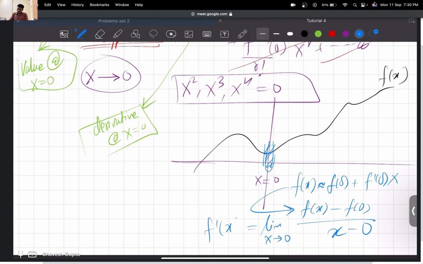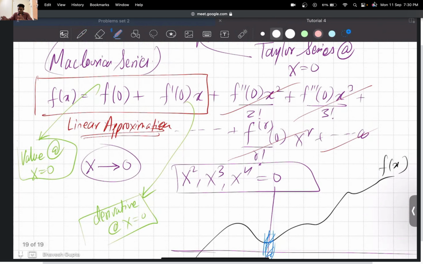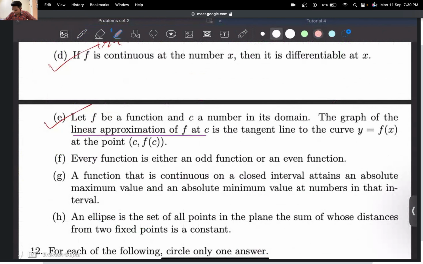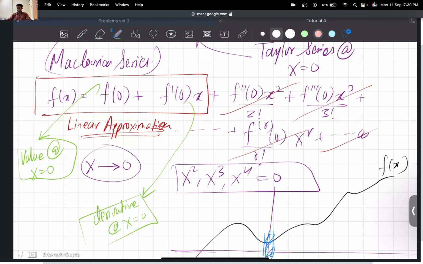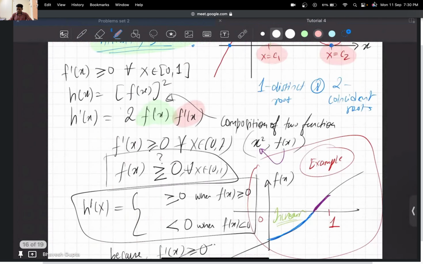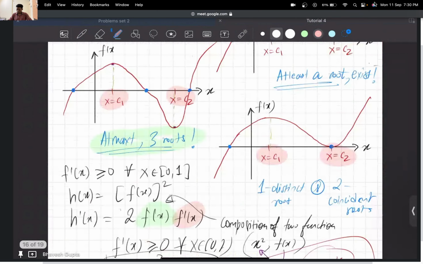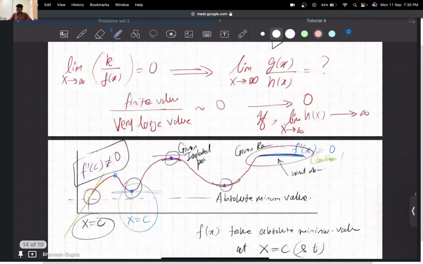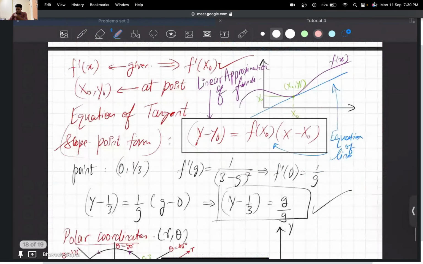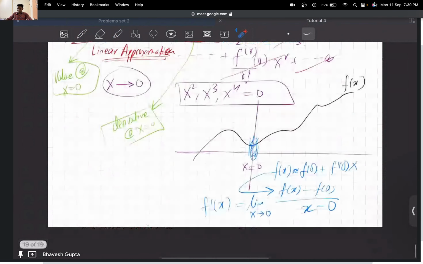This is again the definition of limits we had, the exact same thing, just a rewritten version of the same good old thing. So this is what this statement in the question, this E part, is trying to tell you. I suggest you go through this, which is basically a combination of this idea and the exact same idea we just discussed over here. There it is. Yeah, over here. So this is interesting.